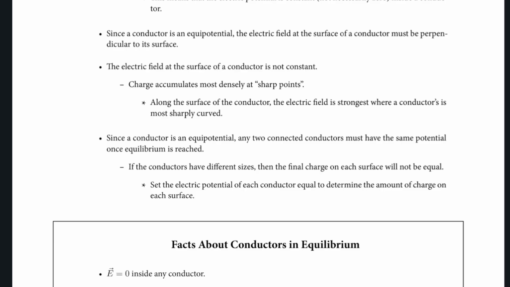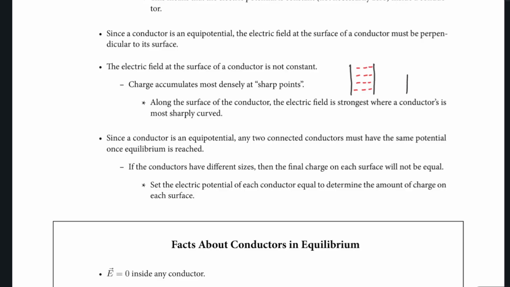So charge accumulates more densely at sharp points. And I use this analogy of a hallway, where if you have a wide hallway for people to exit, maybe like a movie theater, people might be able to just go across, like 3 across that way.